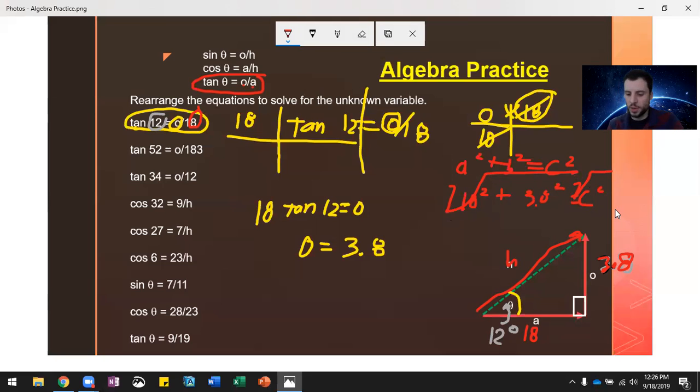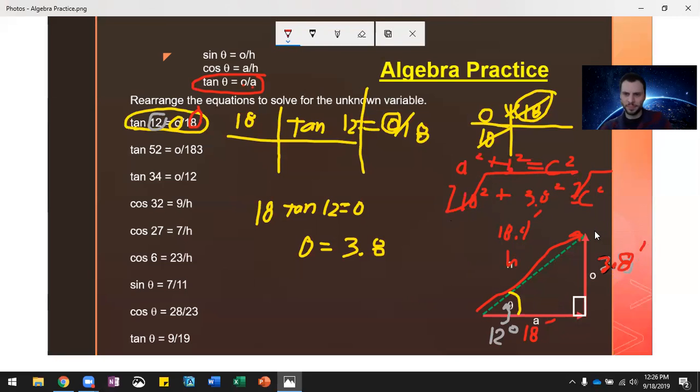And you should find, don't make a mistake like I did entering into my calculator, that our answer is 18.4 units. We don't know what it is, but this is 18.4. If we're using feet, it would be feet.